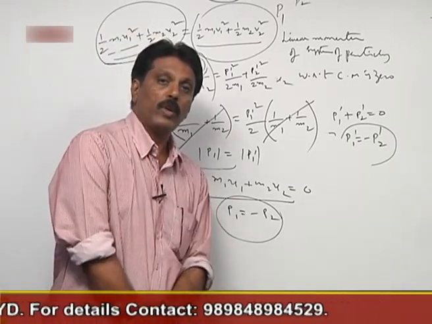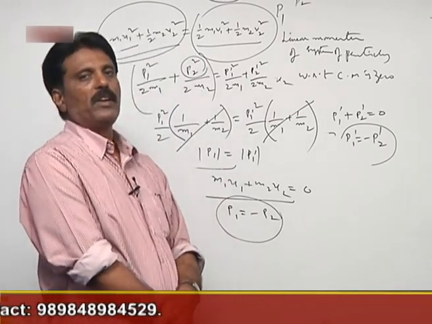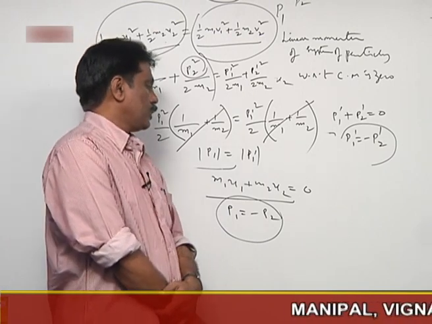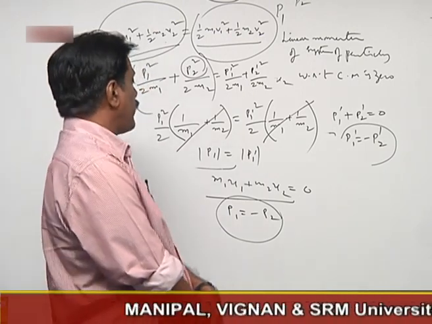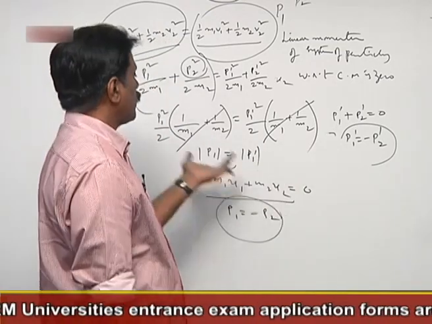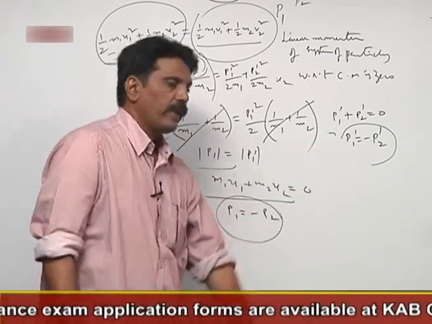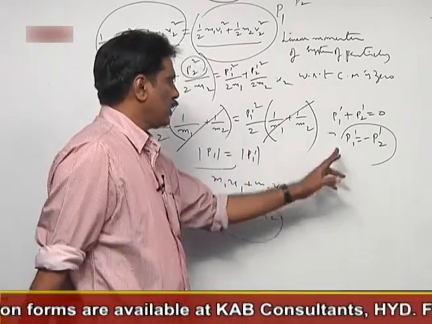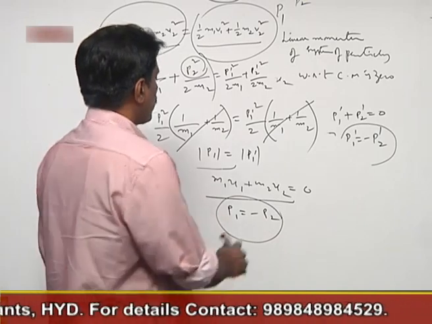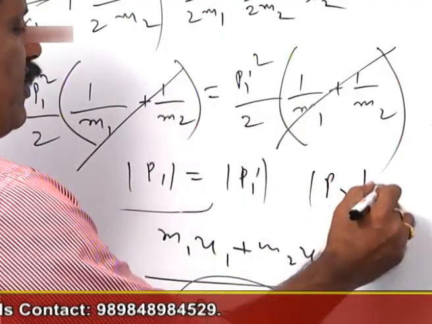When two bodies undergo elastic collision, in the center of mass frame, the magnitude of the particles' linear momenta will not change. You can also show that modulus of P2 is equal to modulus of P2 dash.